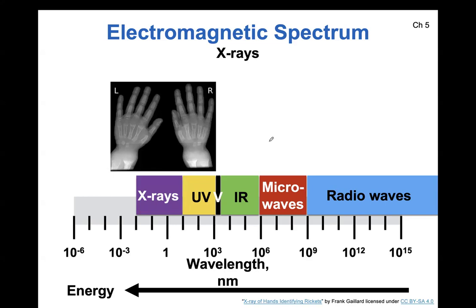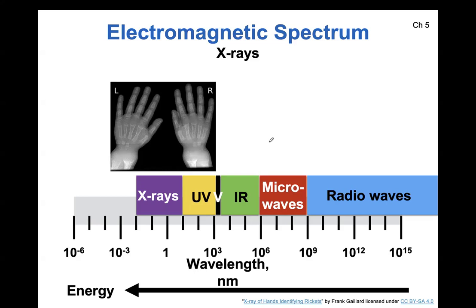Okay, so let's wrap up the spectrum here. We've got X-rays next, even shorter wavelength and even higher energy. X-rays are so high energy that they can penetrate skin, and they only reflect off of things like bones and other really high density biological matter, but they easily pass through tissue and most organs.